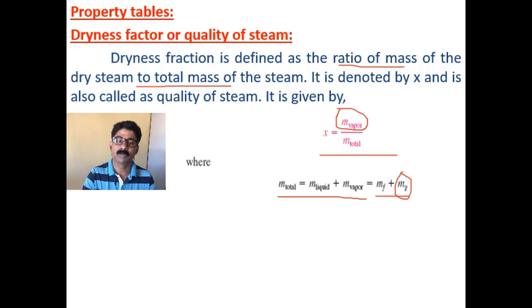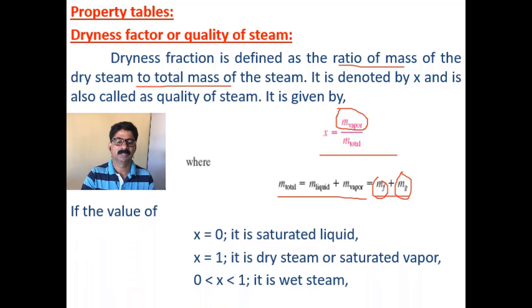At saturated vapor point, mf is 0, so it is completely vapor, so mg and total quantity are the same, then X becomes equal to 1, and in between X is between 0 and 1. So X is equal to 0, saturated liquid, X is equal to 1, dry steam or saturated steam, and X between 0 and 1, it is a wet steam.